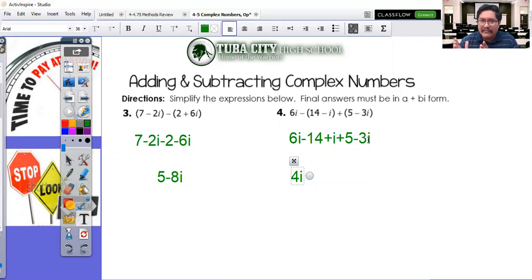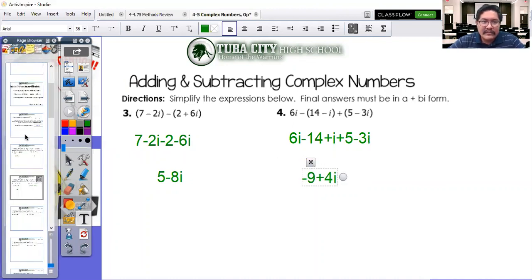So we have to have the real number and then the imaginary number. So I'm going to go back and we're going to put our real number in there. So in this case, it'd be negative 14 plus 5, which would be, let's see, negative 14 plus 5 would be negative 9. And since the i was positive, we're going to go ahead and put that back in there.